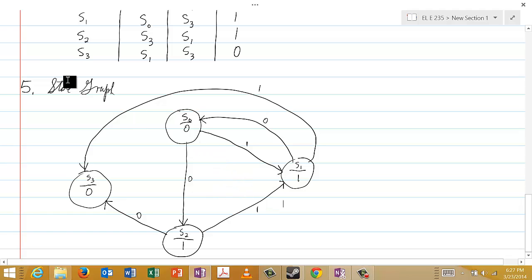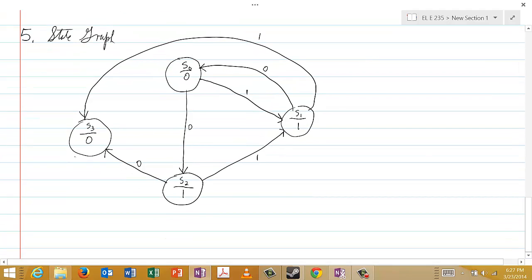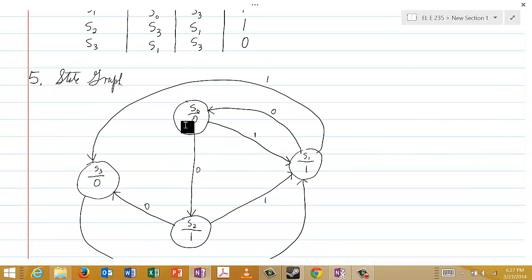Finally, if we're in S3 and we get an input of 0, we go to S1. And if we're in S3 and we get an input of x equals 1, we stay in S3.